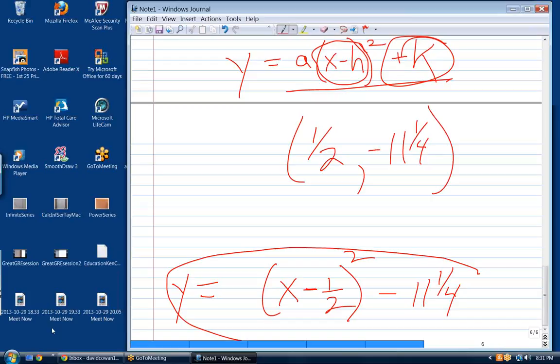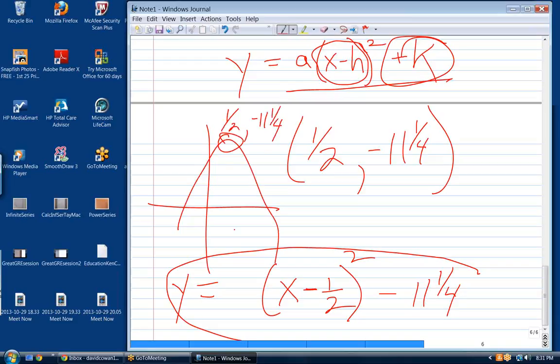Okay. So if we had the equation of motion or whatever, and we want to know what that point is, that's 1/2 comma minus 11 and a quarter. I plotted it wrong. It's going to be underneath the x-axis, but that's about all you need to know for completing the square. I've done it in two situations.